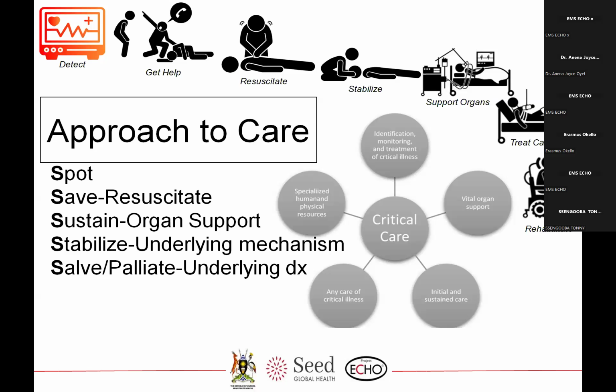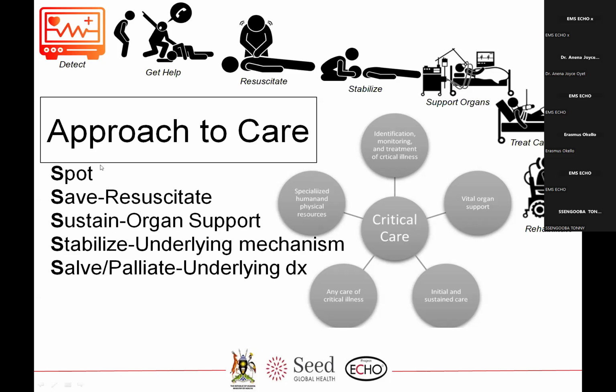For example, it could be hyperkalemia, you want to stabilize them. It could be hypernatremia or hyponatremia, you want to work on that to stabilize the patient so that they are not dying anymore. Then only after then are you able now to focus on specific diagnostics and organ support that will give a patient a chance to get treated for the underlying cause, heal from the problem, or you find out, unfortunately, that the underlying disease process is incurable. You may need to palliate the patient, unfortunately.